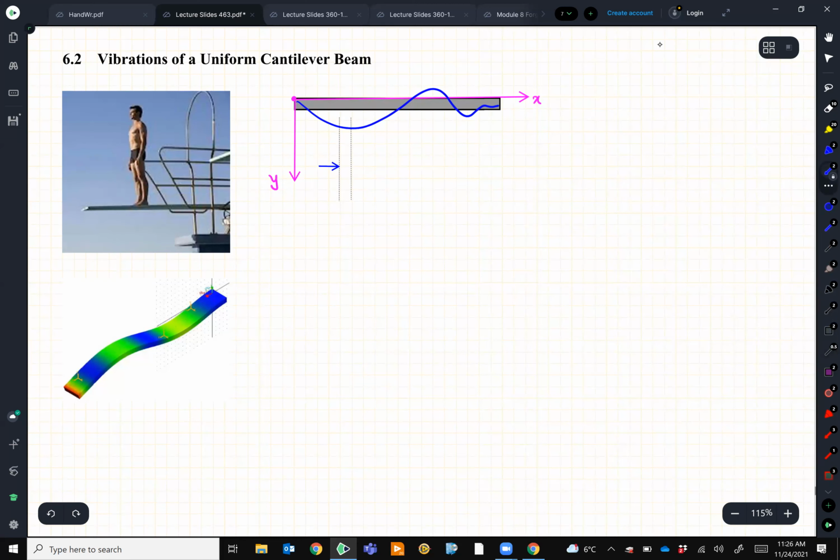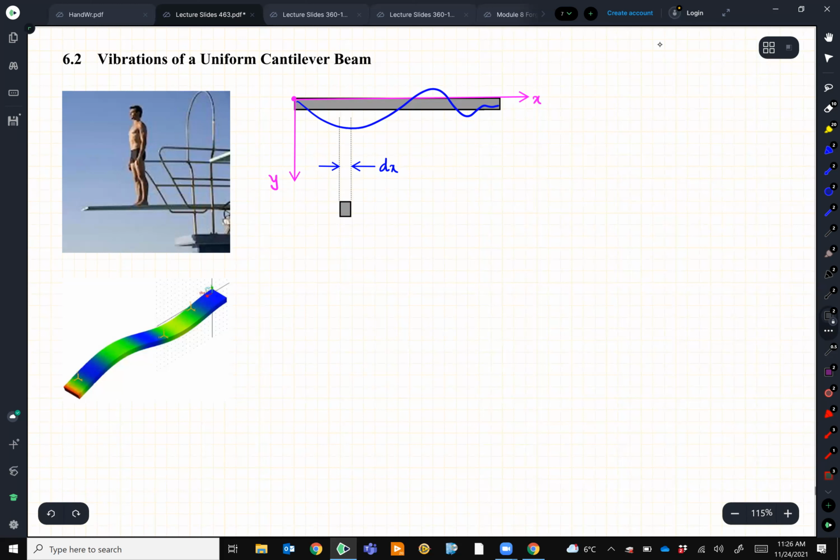So this is dx. Separate this dx. All right. Now I need to draw the free body diagram for this one.